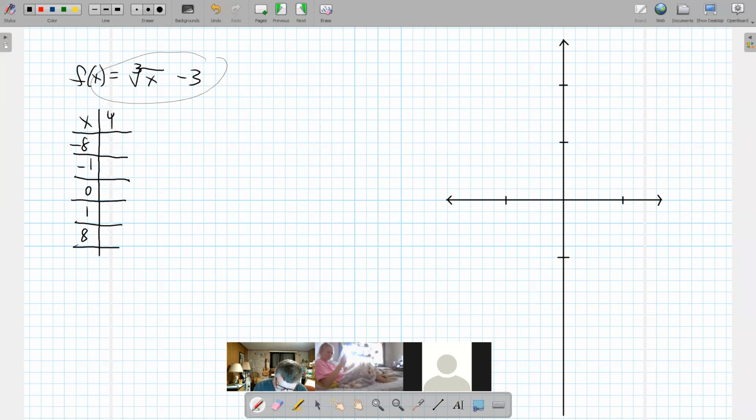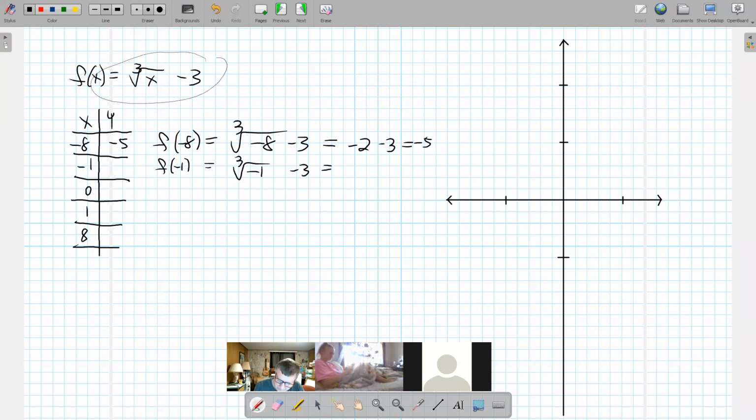Okay, so f of -8 equals the cube root of -8 minus 3. The cube root of -8 is -2. -2 minus 3 is -5. F of -1 is the cube root of -1 minus 3. The cube root of -1 is -1, and -1 minus 3 is -4.